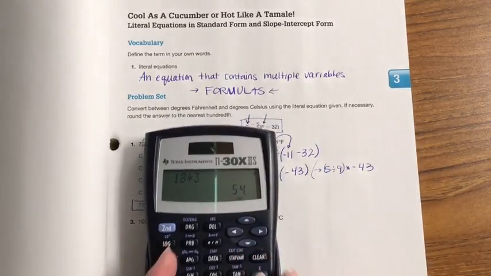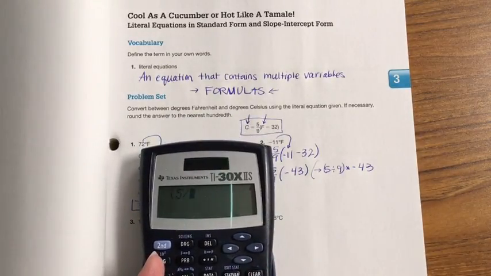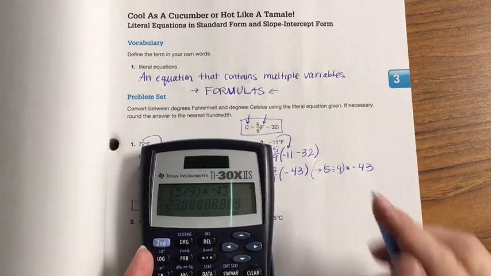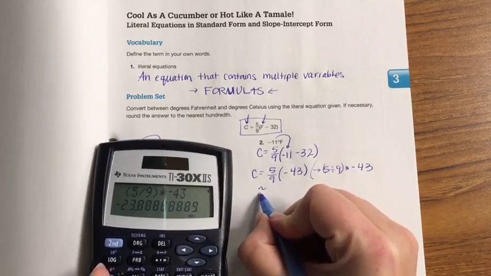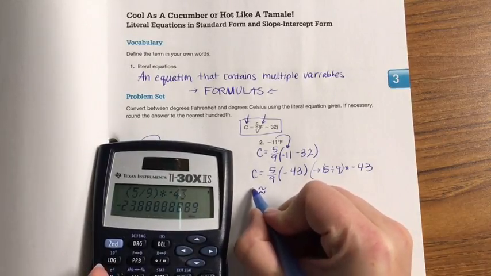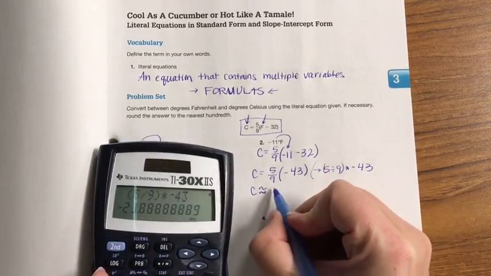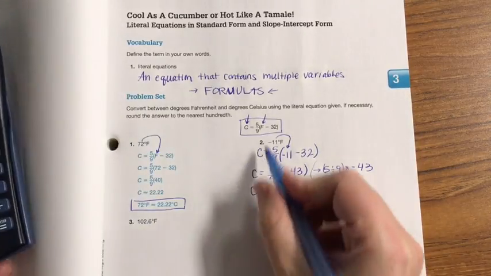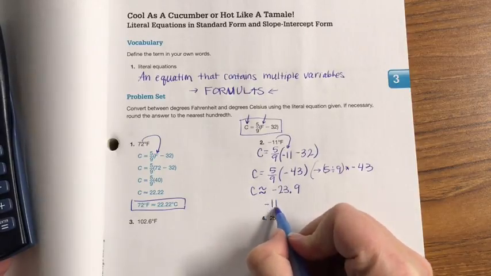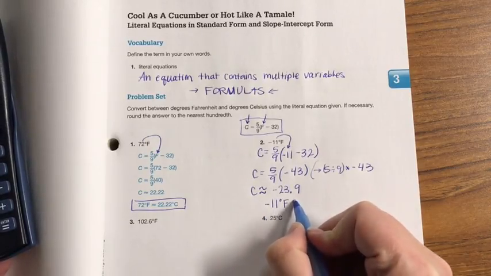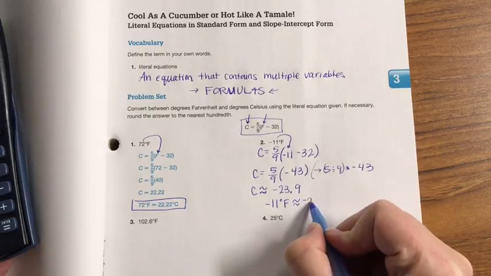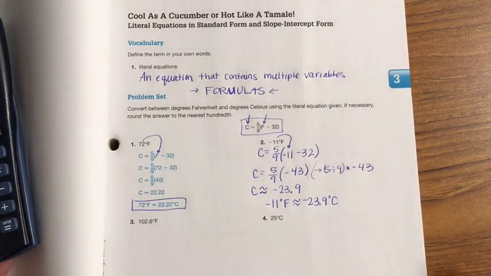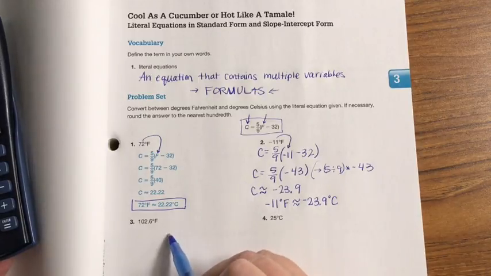So this is just a basic calculator, 5 divided by 9 times negative 43, and we get, so we put the squiggly because it's about equal to negative 23.9. So then our final sentence would be negative 11 degrees Fahrenheit is about equal to negative 23.9 degrees Celsius.